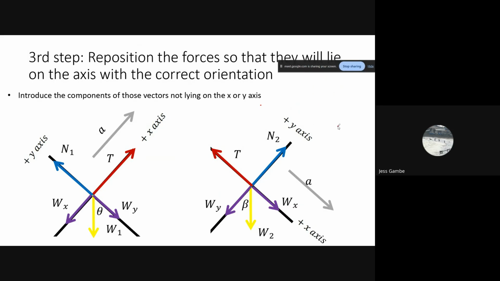Of course, we then break down into components ang mga forces na wala naglay sa either x or y axis. So, simply ang mong weight. Okay, weight 1x or weight 2x or weight 1y and weight 2y. Very simple. Okay.